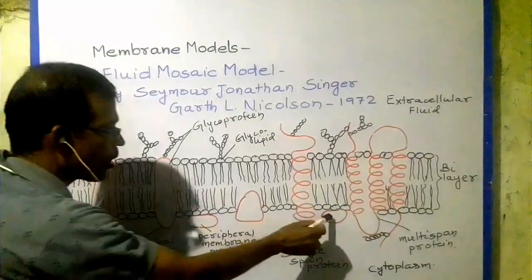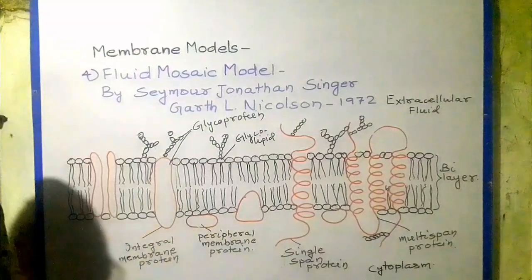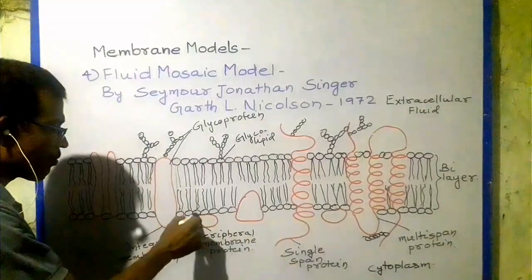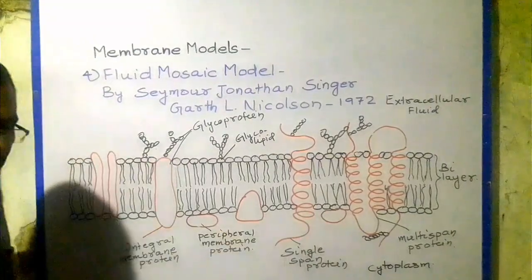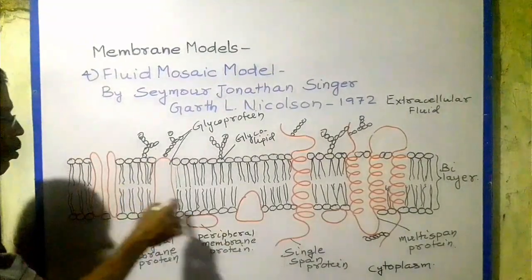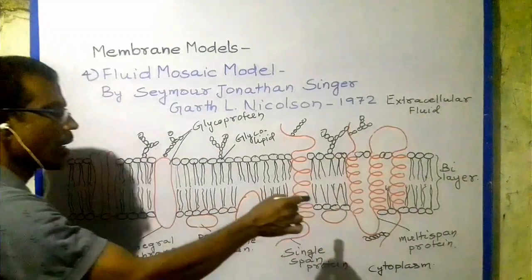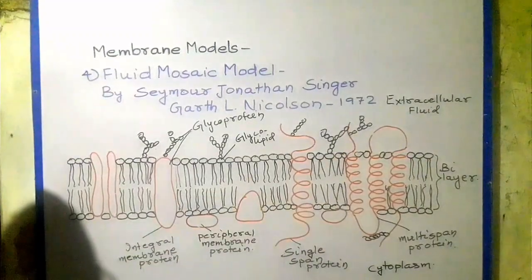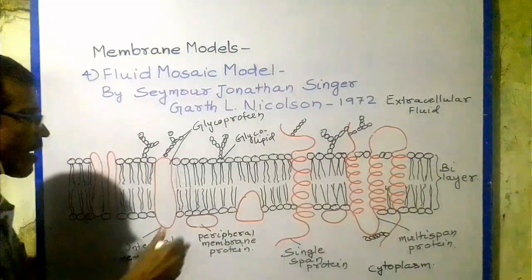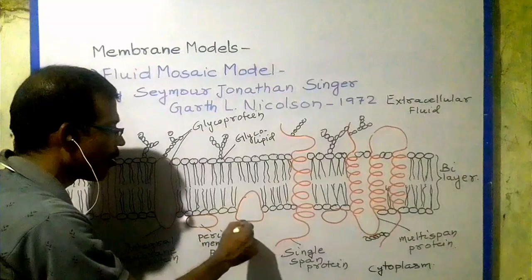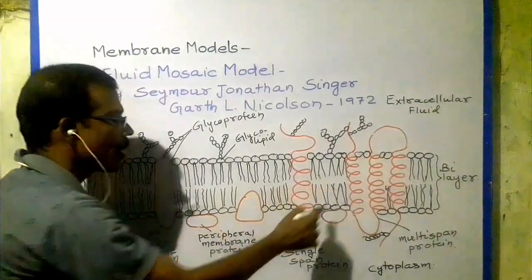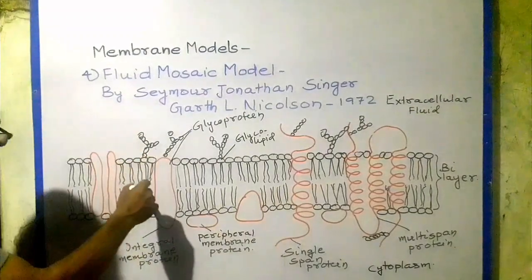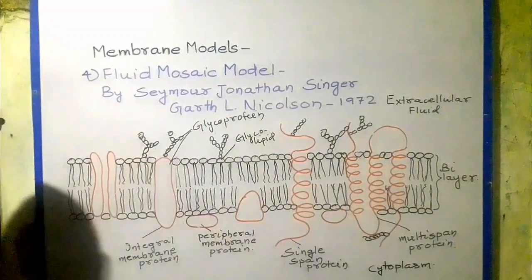These protein molecules which remain associated loosely with the surface of the membrane are peripheral membrane proteins. And other proteins which cross the lipid bilayer are called integral membrane proteins. There are some integral membrane proteins which are embedded in part of the lipid bilayer, and other integral membrane proteins cross the lipid bilayer from one side to the other side.